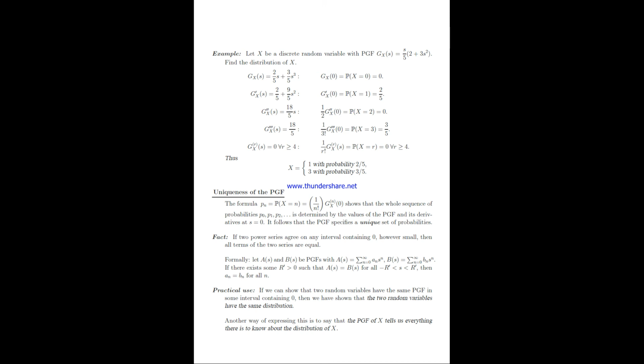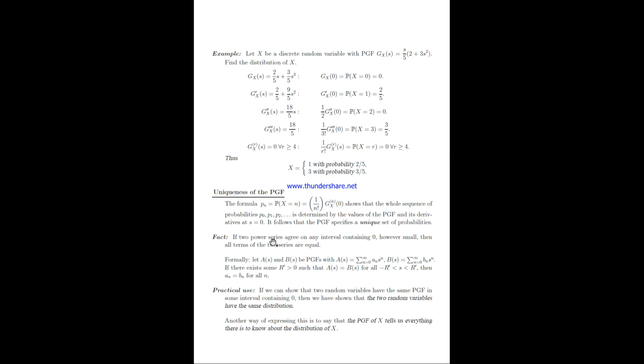Using this uniqueness, sometimes we can identify the distribution of a given random variable.